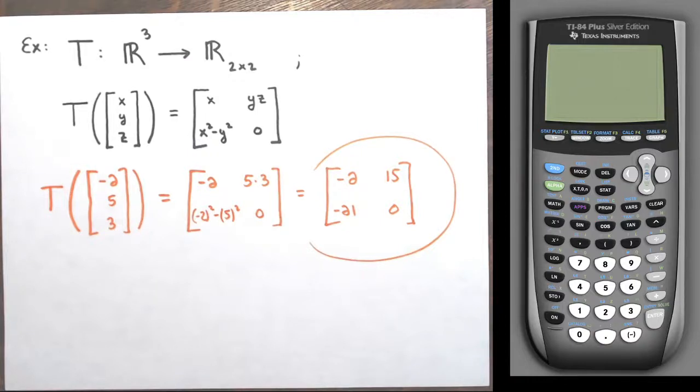So just pay attention to the domain and the codomain and know that my vectors from the domain have to have a certain look, and my vectors from the codomain, my outputs, have to have a certain look as well. Just make sure they have those proper looks.